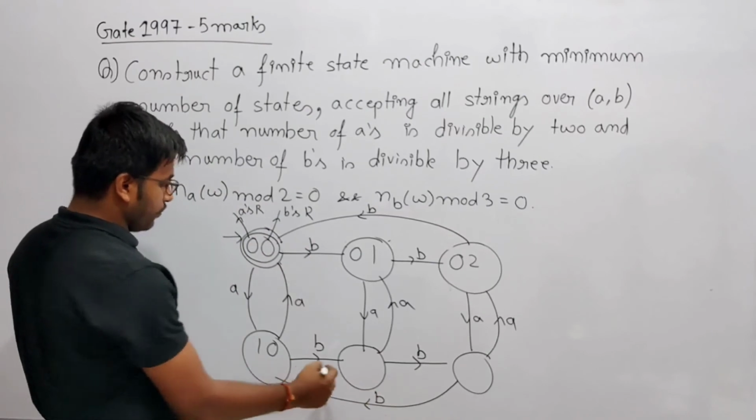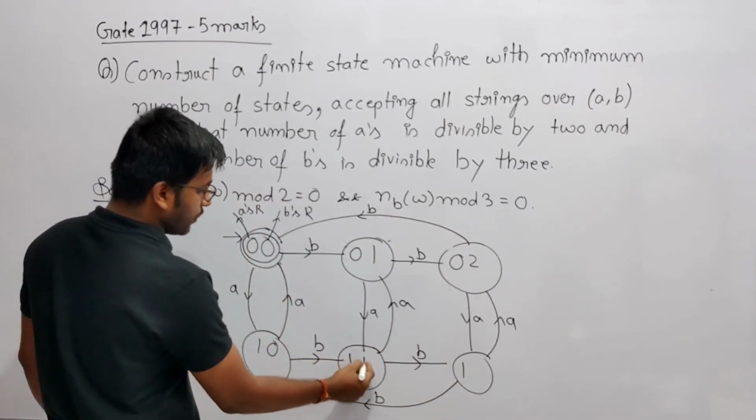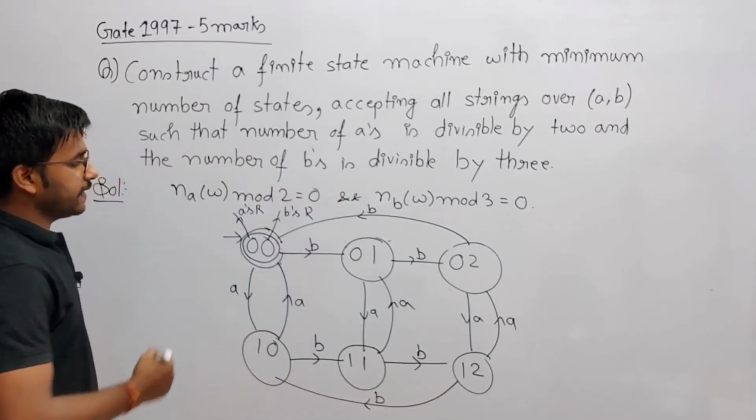So b I am increasing, so a will remain the same. This is for a. Now 1. Okay, this is the answer.